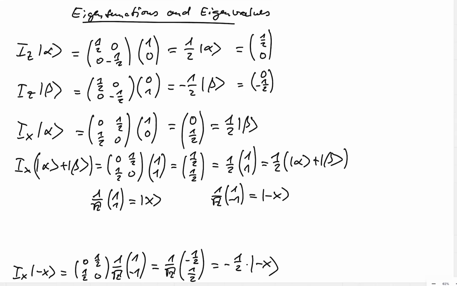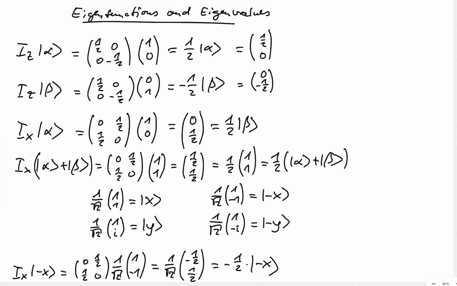Equally, you can see that 1 over square root of 2 times 1, i is the y state, and 1 over square root of 2 times 1, minus i is the minus y state. Now with the alpha and beta states, we have a complete system of eigenvectors that also are the eigenfunctions of the angular momentum operators.